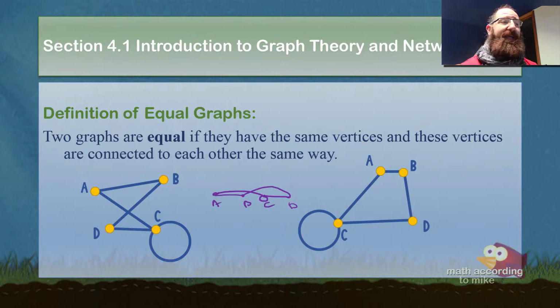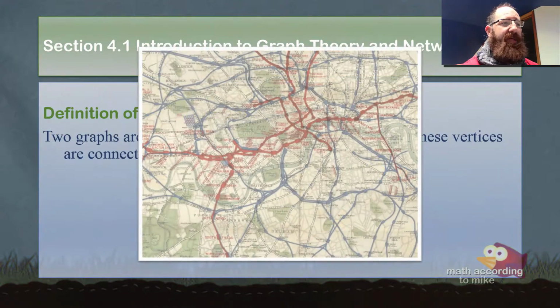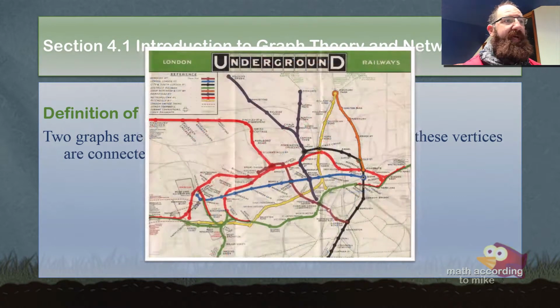But to highlight this concept of equality, I have some images from the London Underground system. And these go back all the way to the late 1800s when the first map was coming out. So this was the very first one. And then notice how wonderfully easy that is to read. And then over time, they cleaned it up.